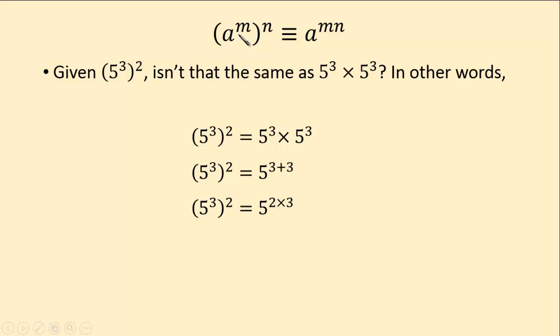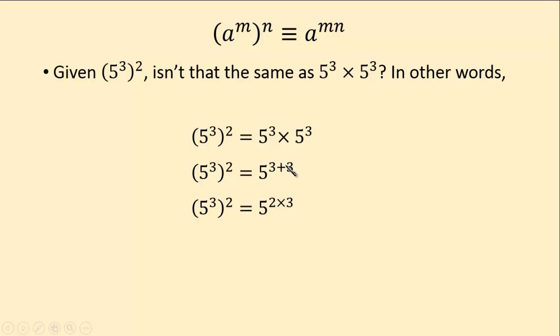We now come to this property where we say that a number raised to a power and then everything is raised to another power is the same as raising that number a to the product of these powers. Now for the intuition: 5 to the third power, everything raised to the second power. Well, this is something squared. So that's 5 to the third times 5 to the third. But we already know that when we have equal bases in a product, the exponents add up.